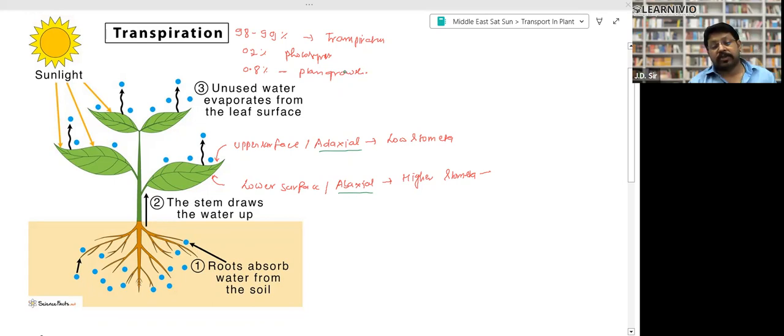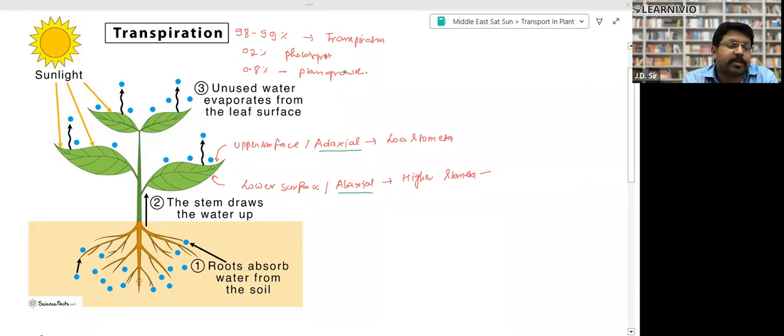So my question is, water is very precious and very important for the plant, and the plant works very hard to absorb it. If water is that important, why does it lose 98 to 99% of the water?